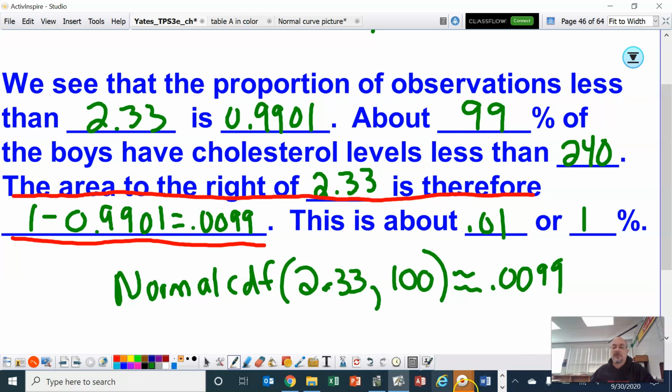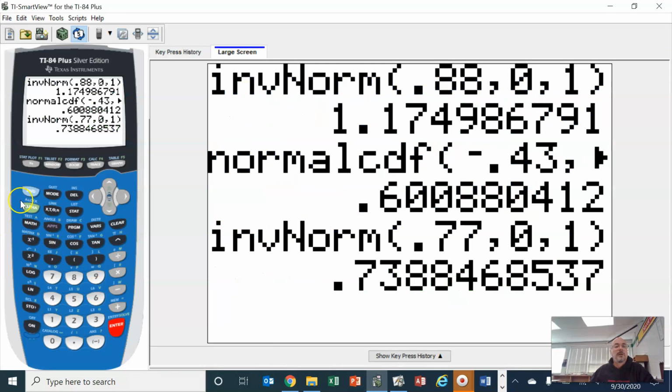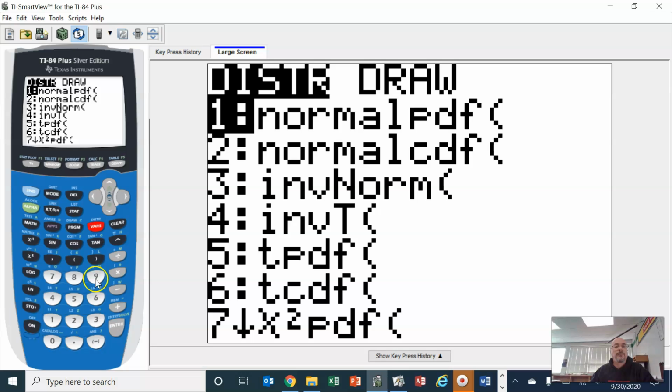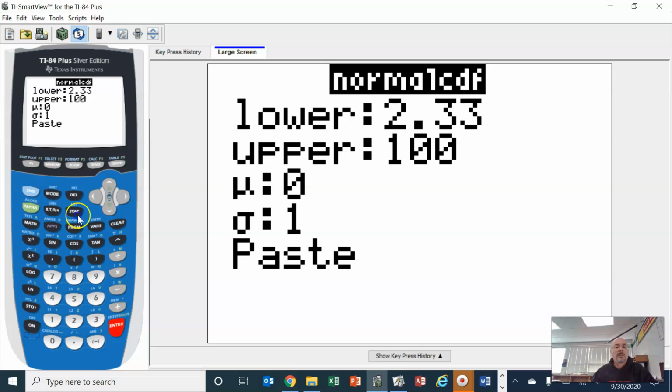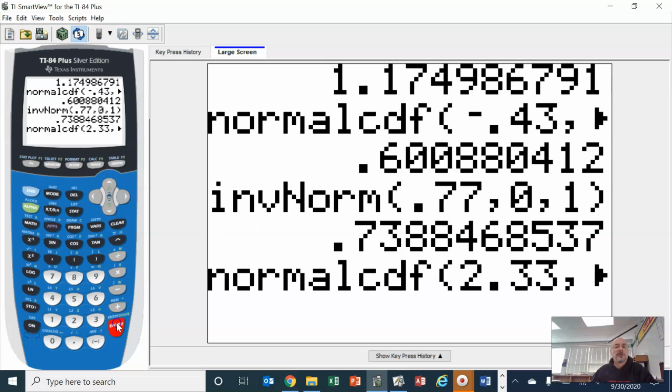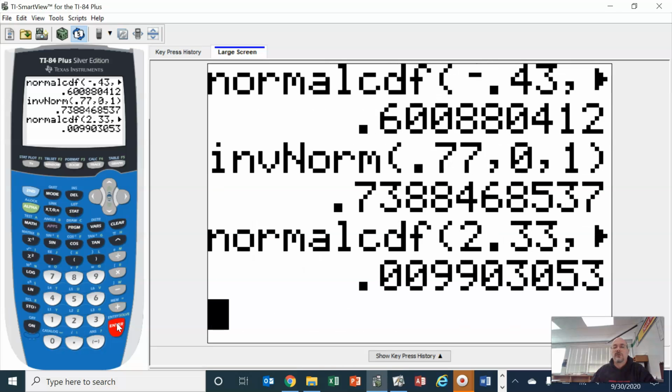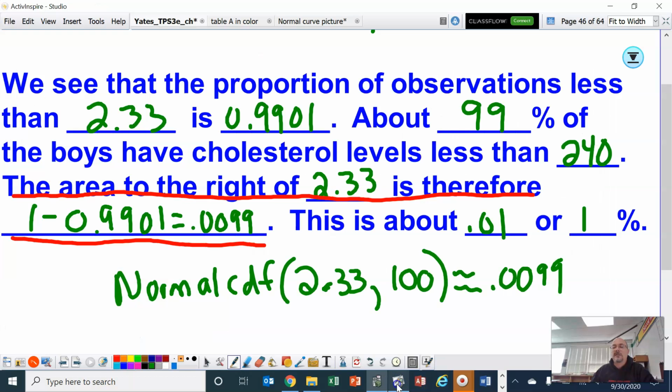Actually, let me type it in and see what it does give us. Second vars, we've got the 2.33, that is our lower limit. The upper limit is just a big number. I'm going to pick 100, and I'm going to see what this calculator gives, yep, 0.0099. So that sentence I underlined in red could be ignored.